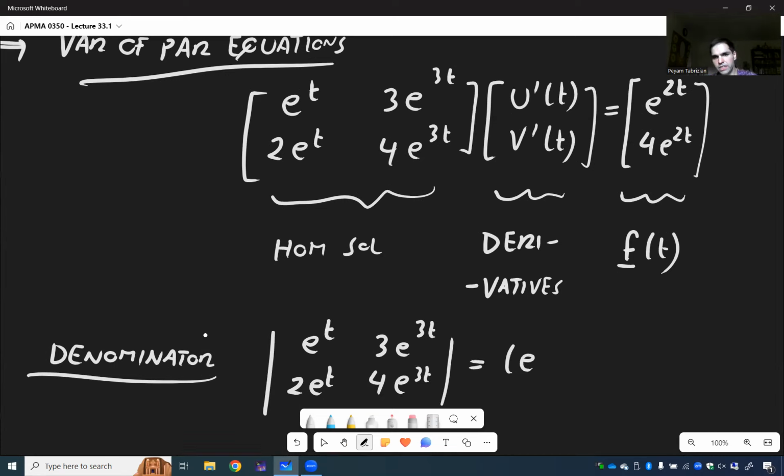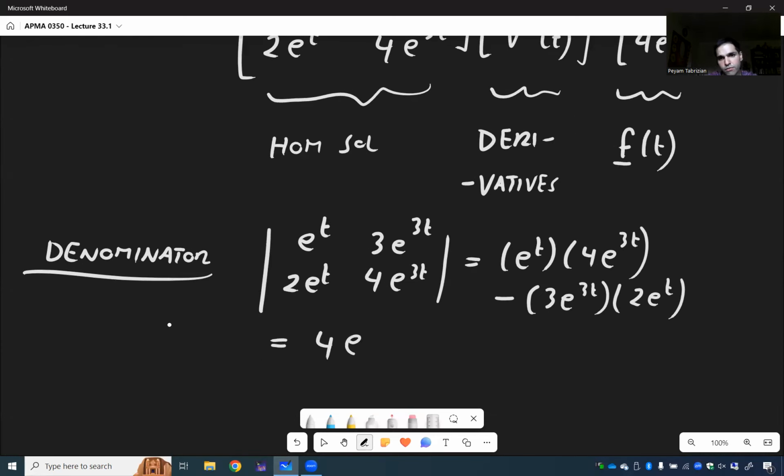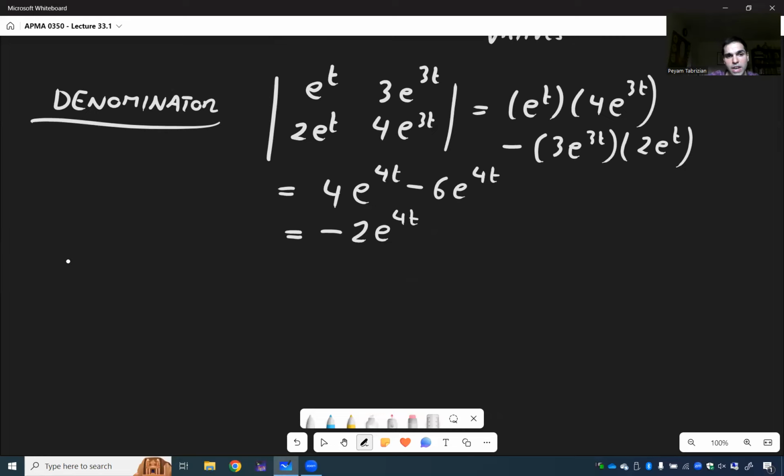All right, that becomes e^t times 4e^(3t), minus 3e^(3t) times 2e^t, which simplifies here. So I think it gets 4e^(4t) minus 6e^(4t), which is minus 2e^(4t). Always expect some kind of simplification. Otherwise, it would be hard to integrate. All right, and then what is Cramer's rule?